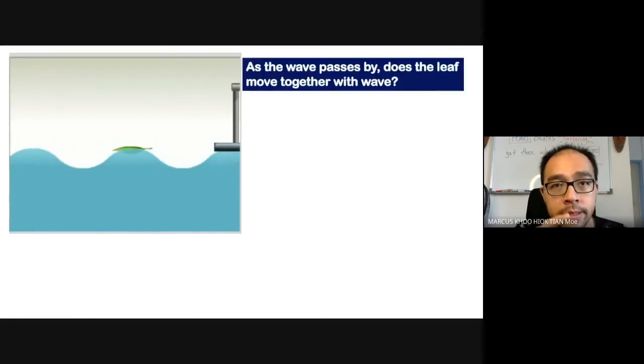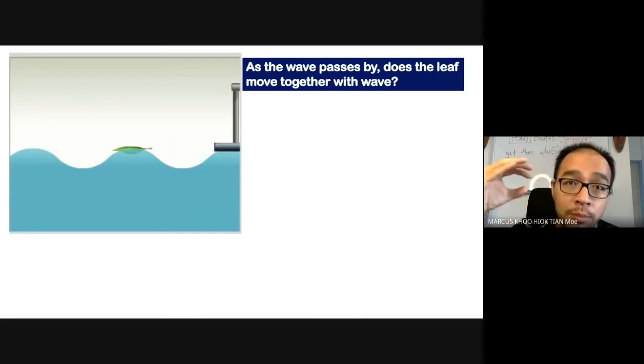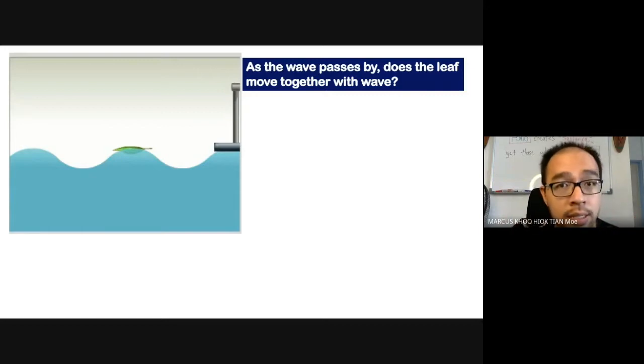This is a very important concept which we have to correct in our mind, because we always think that when the waves move, the water particles, the molecules, are moved together with the wave. Actually, it does not.